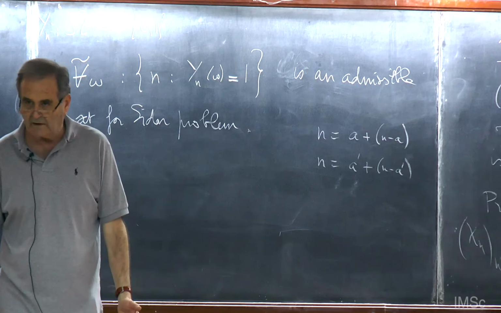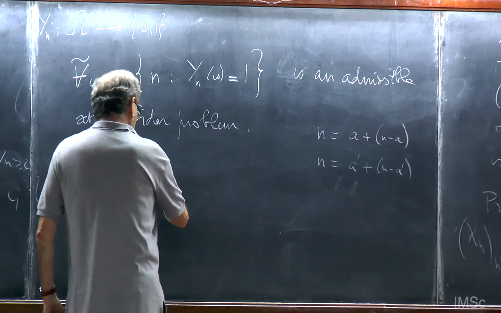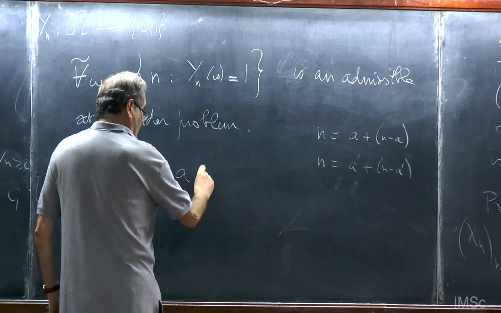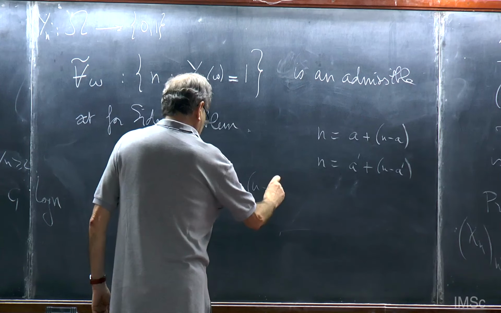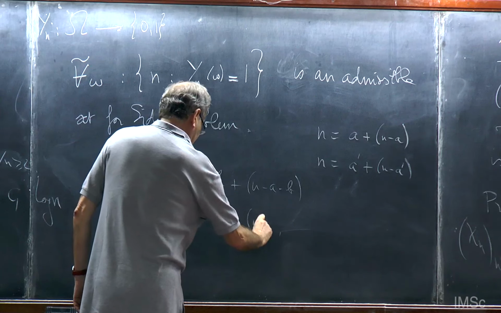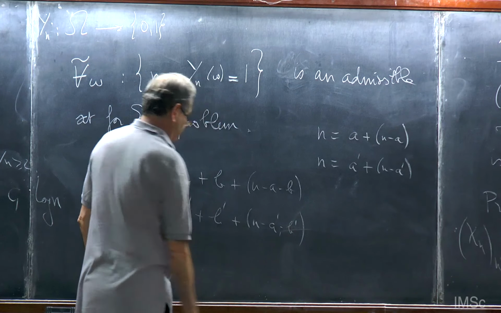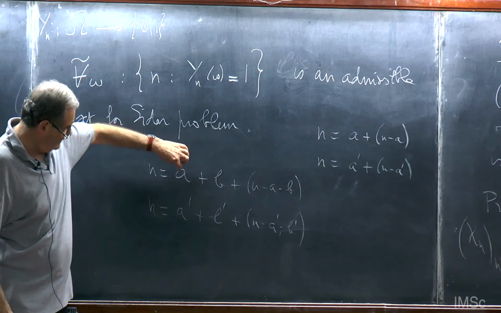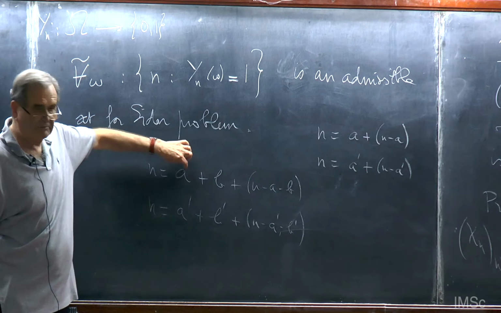If you have 3 terms, then it's a mess. Because if you have 3 terms, you have A plus B plus n minus A minus B. And n, if you have another representation, A prime plus B prime plus n minus A prime minus B prime. Well, it may well be that A is equal to A prime, but it's not the same representation because B need not be equal to B prime and those need not be equal to that.